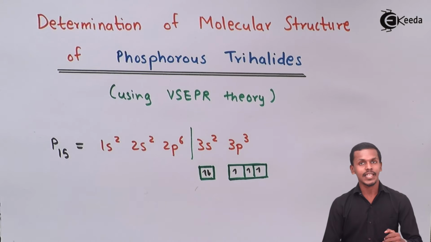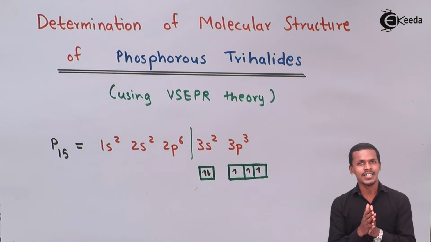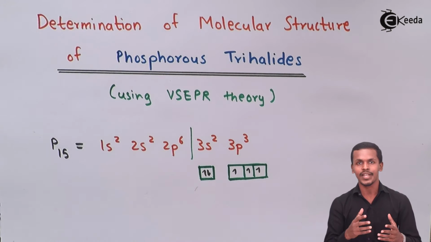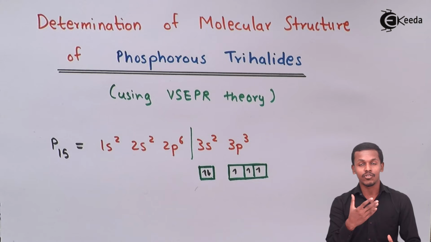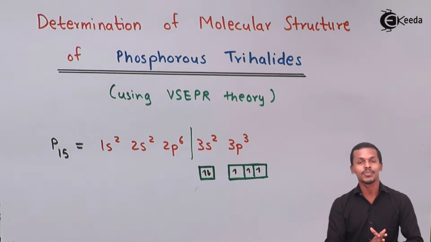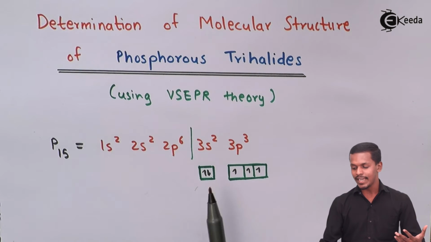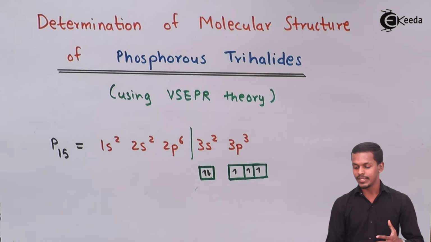And if we include the trihalide, each halide, as we know, has one unpaired electron in its outermost orbital. So each one can be accommodated over here, and that is how the hybridization would be sp3 hybridization.